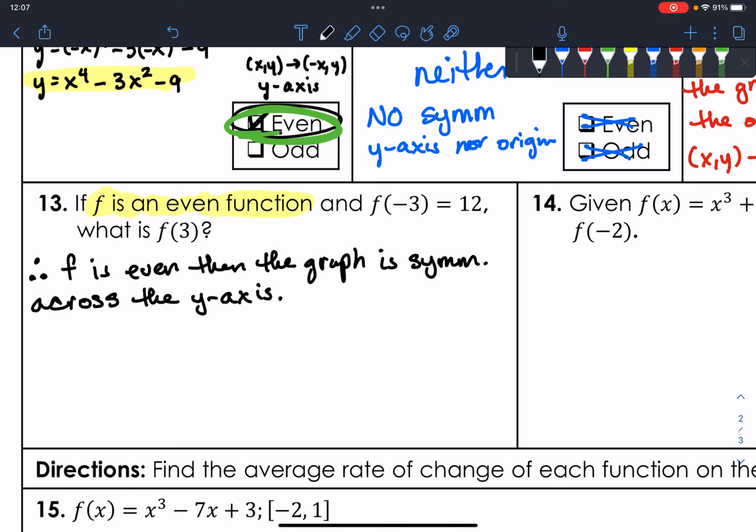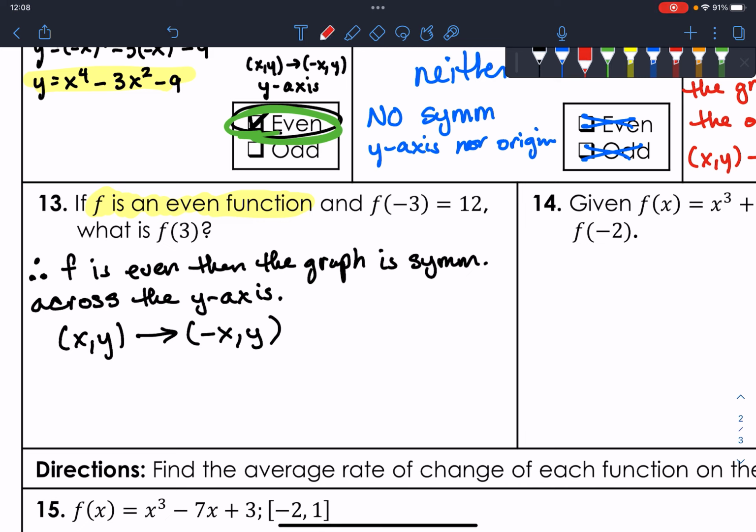And well, what does that mean? Well, because it's symmetrical across the y-axis, that implies that for every x, y that's on the graph, negative x, y is also going to be on the graph. And that's how we're going to answer this question.